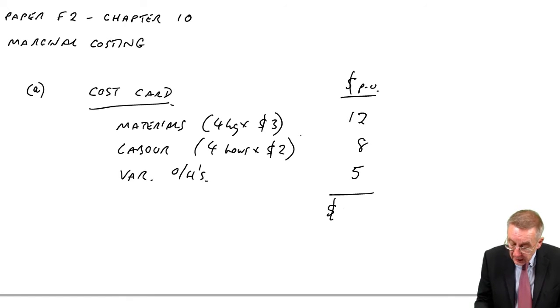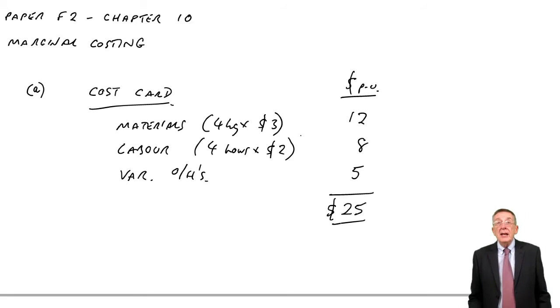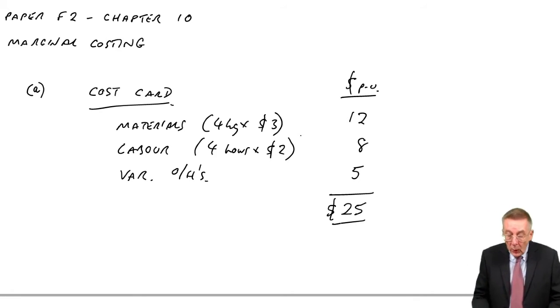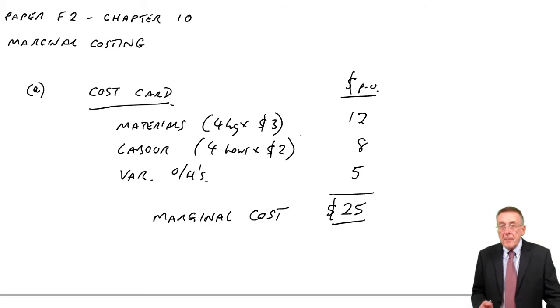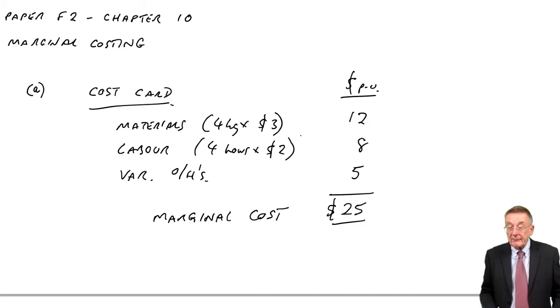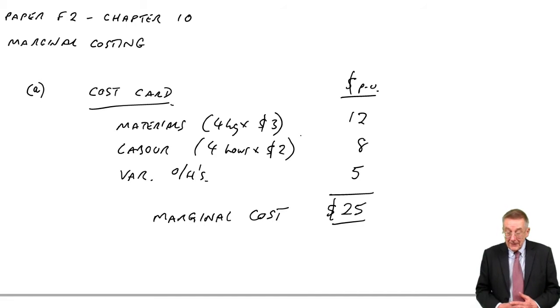We've got a total of 25, and that 25 is the total variable cost of production, or the marginal cost.